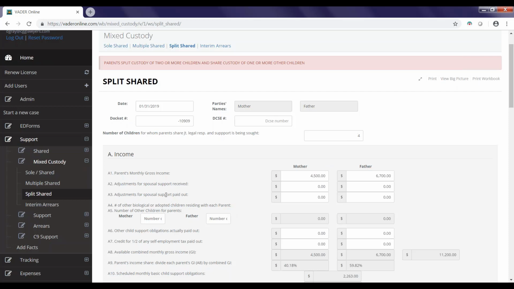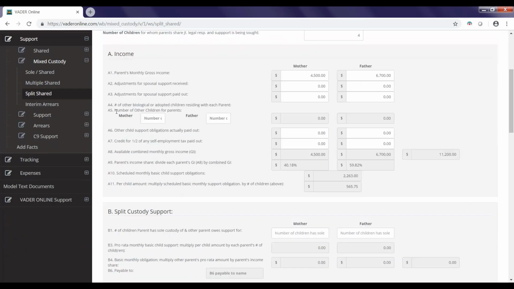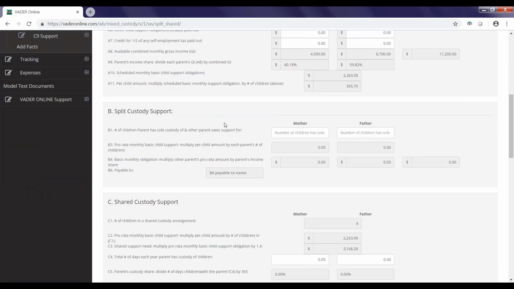Let's say, again, we've gone through the basic income information already. We've determined that at a combined gross income of $11,200 for 4 children, the basic obligation again is $2,263 divided by 4. We get a per child support amount of $565.75. We're going to apply that in the calculations below.